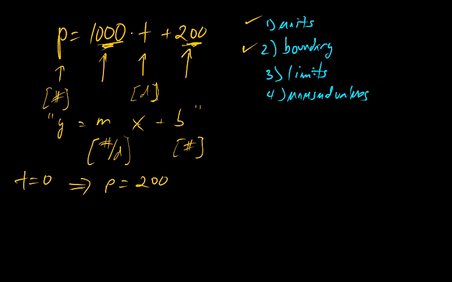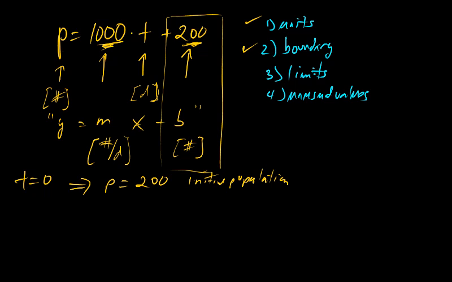And so what this does is it tells you the meaning of some of the constants. So this constant here is simply the initial population. So it gives you an intuition for those things. The boundary condition might look a little bit different.